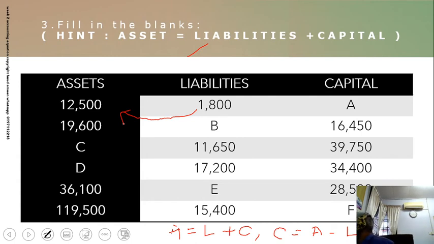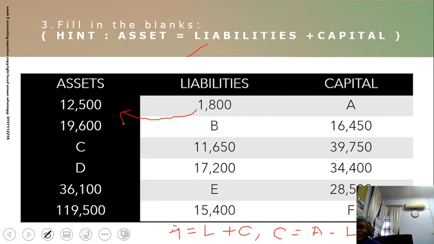So please use your calculator. So how much you get? 12,500 minus 1800.